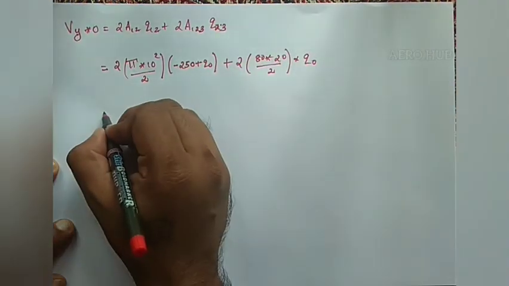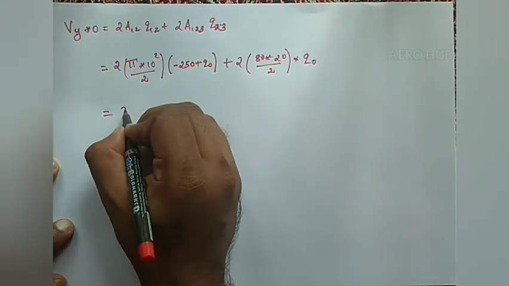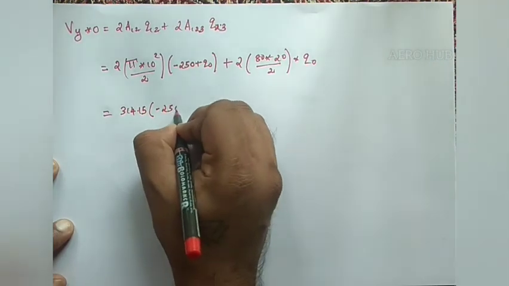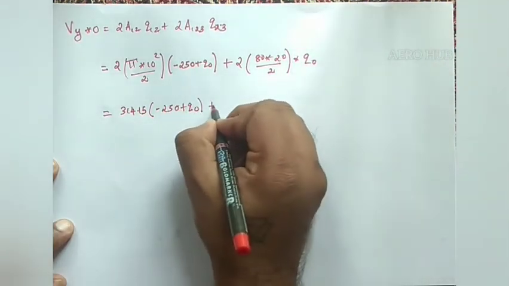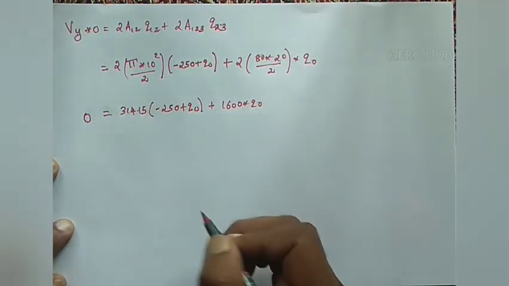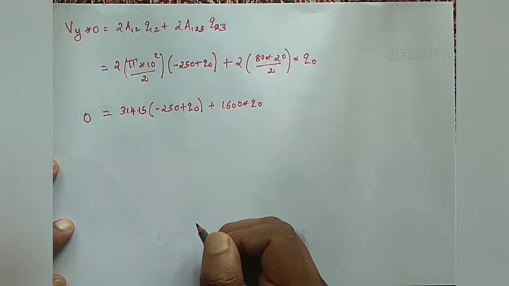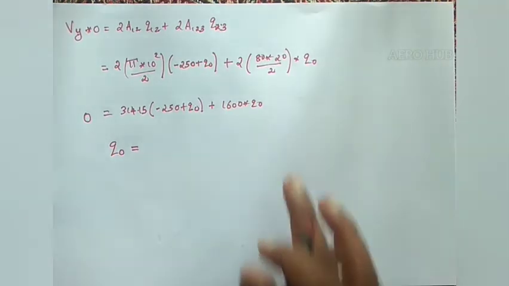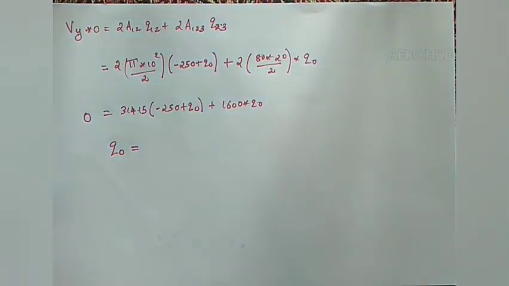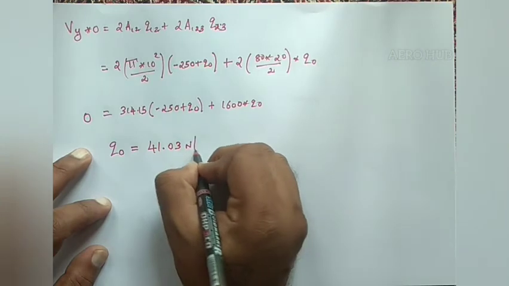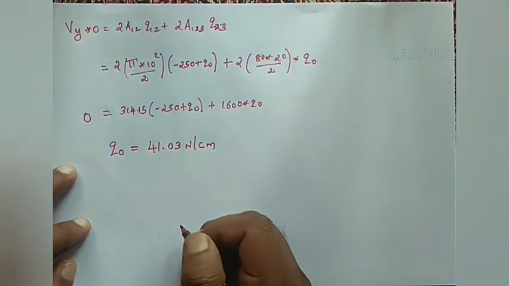Okay, so I will be getting 314.15 into minus 250 plus Q naught, plus 1600 into Q naught is equal to 0. After solving the equation I'll get the value of Q naught, because it is the only unknown term here. So Q naught will be 41.03 Newton per centimeter.